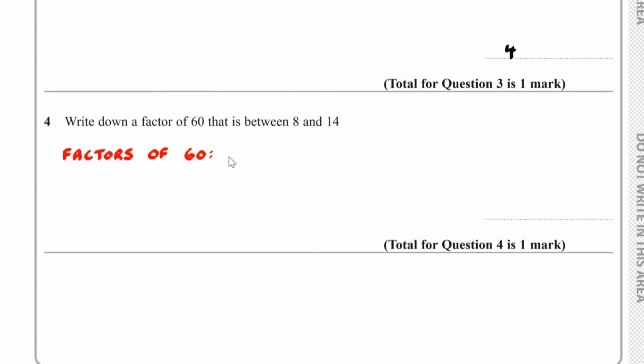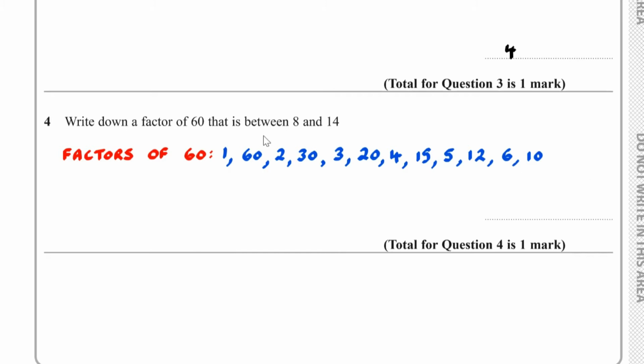Well, the factors of 60: we've got 1 times 60 gives 60. 2 times 30 gives 60. 3 times 20 gives 60. 4 times 15 gives 60. 5 times 12 gives 60. 6 times 10 gives 60. Here are all the factors of 60.